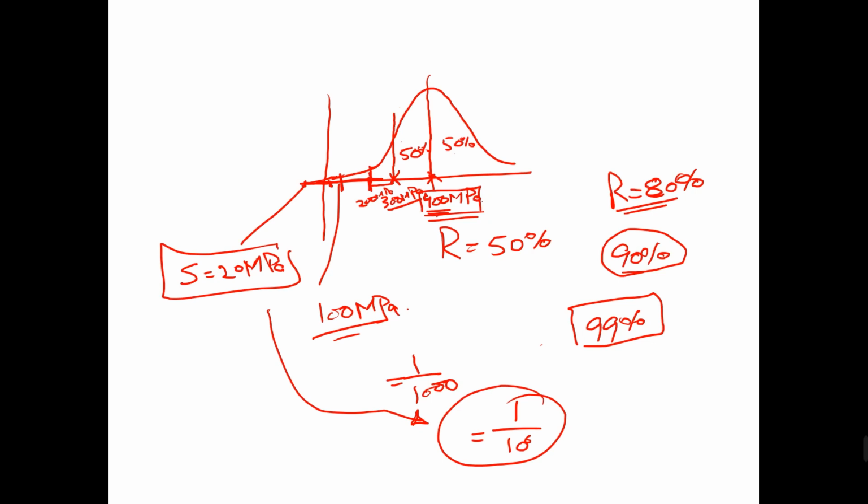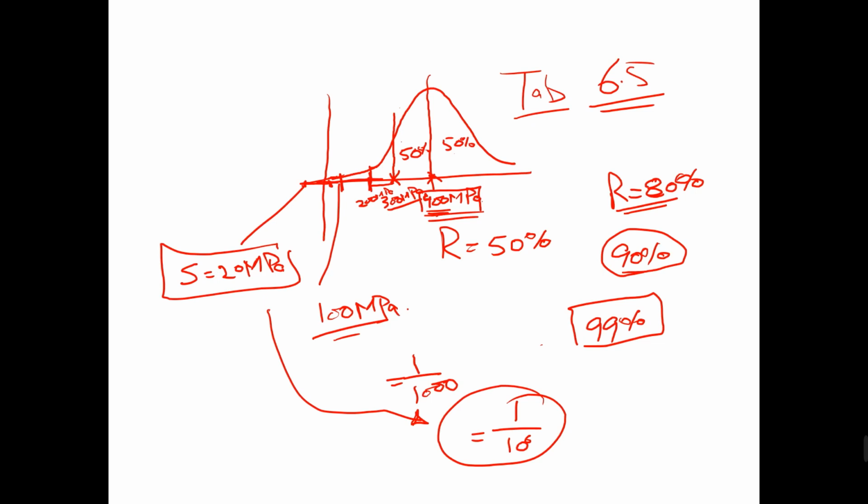For example, if you see in the book Machine Design, let me tell you the page number. Yes, in table 6.5 of Shigley, you have a table related to reliability.